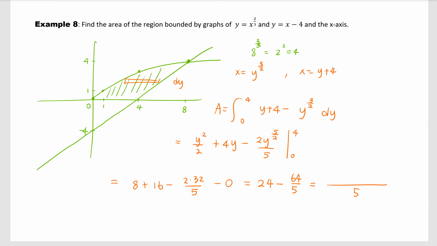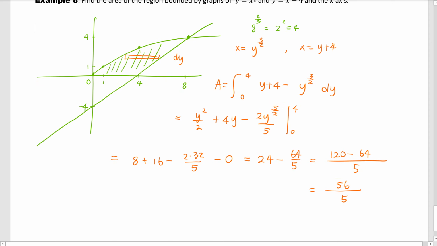Common denominator 5. 5 times 24 is 120. So 120 minus 64. Okay, what is 120 minus 64? That is 56. So far, so good, everybody. So the answer is 56 over 5. Okay. So far, so good, everybody.